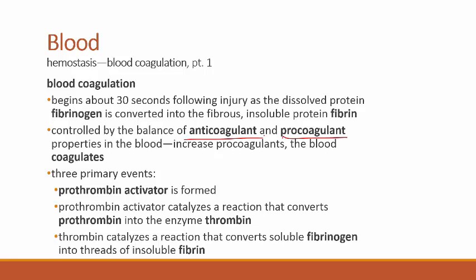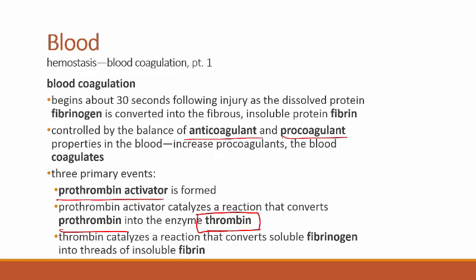The first is that a chemical called prothrombin activator gets made. So we have a series of chemical reactions, and along the way, prothrombin activator is formed. That prothrombin activator acts as an enzyme that will convert a material called prothrombin into the enzyme thrombin.